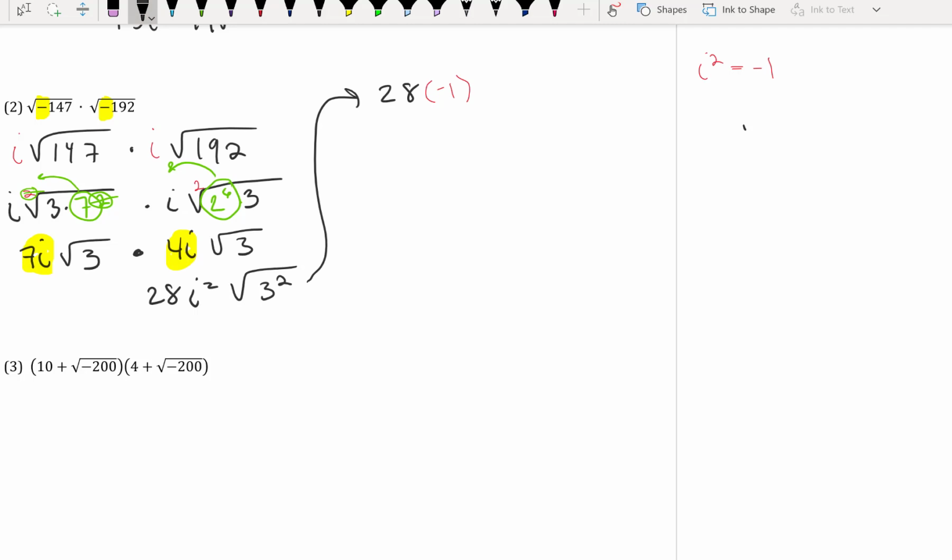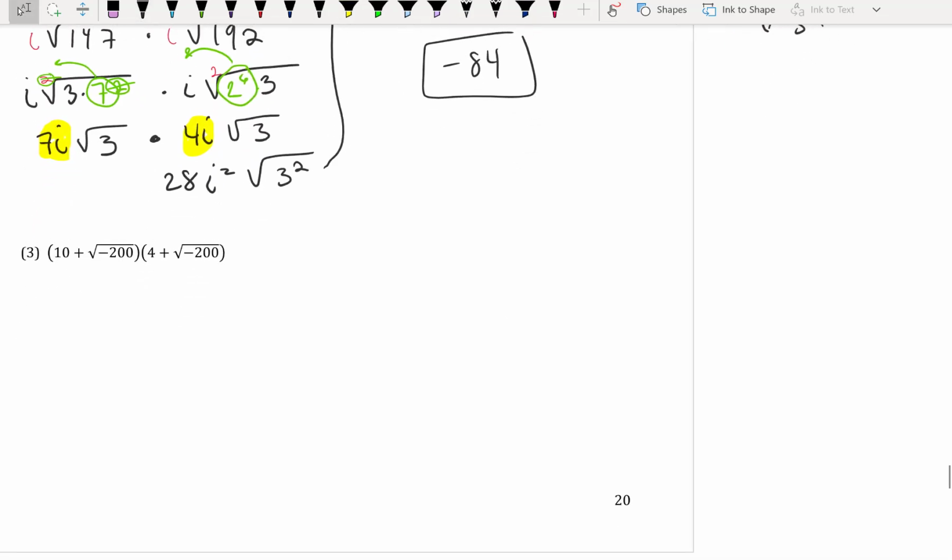And here, when I have the square root of 3 squared, well, the square and the square root cancel each other out. So you're just left with a 3 on the outside. So you really have 28 times a -1 times a +3, which gives you a -84.